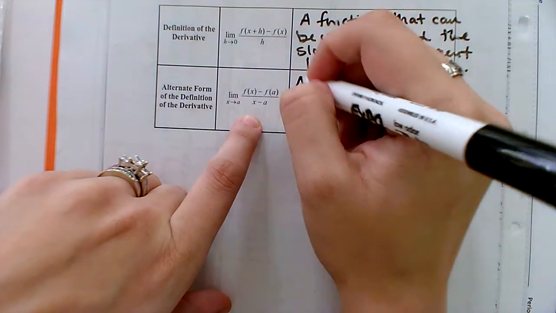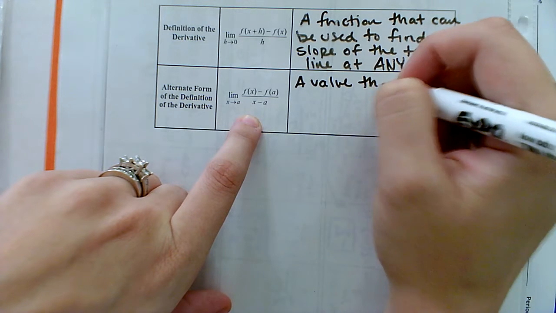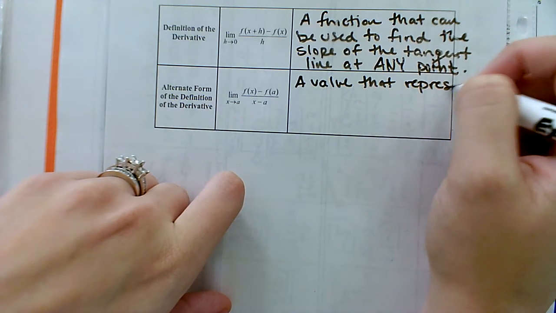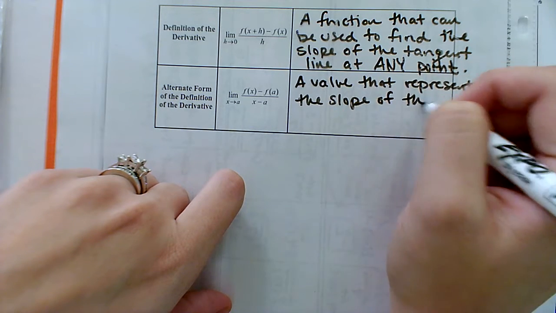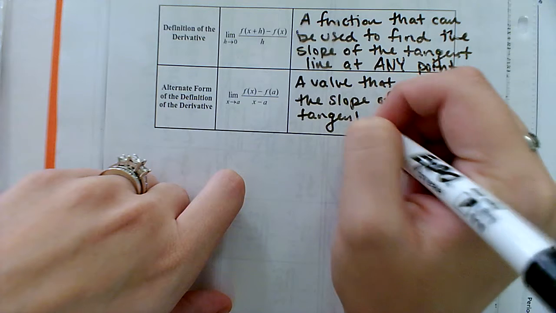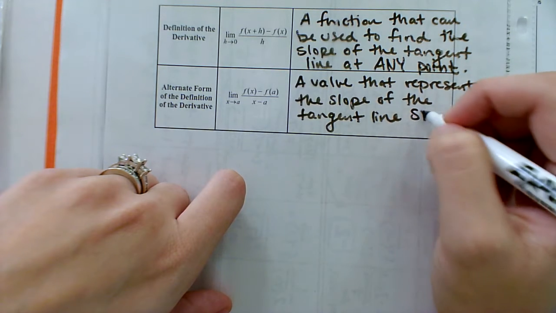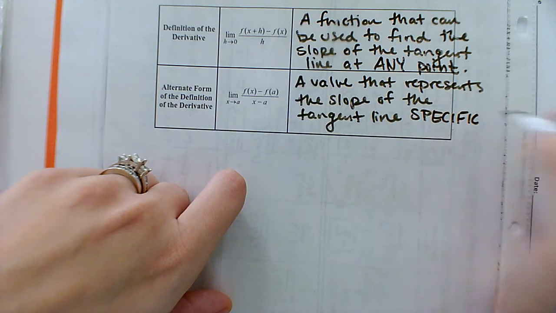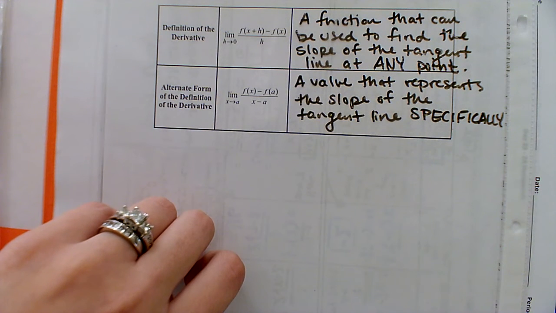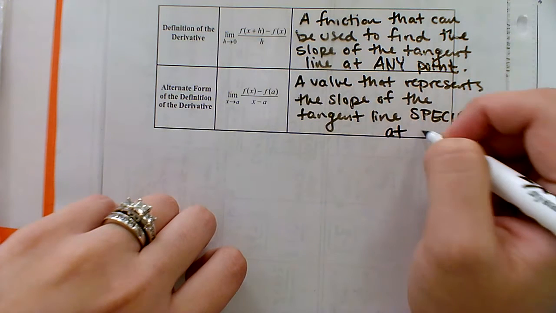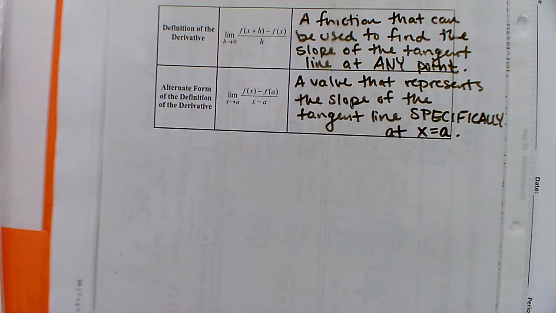So this limit is going to give you a value that represents the slope of the tangent line specifically at the x value of a. They're both limits, they're both representing slope, but they yield two different results.